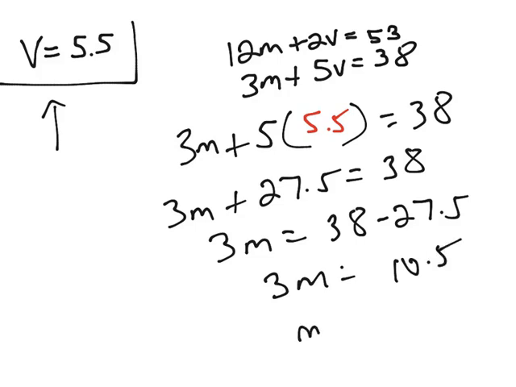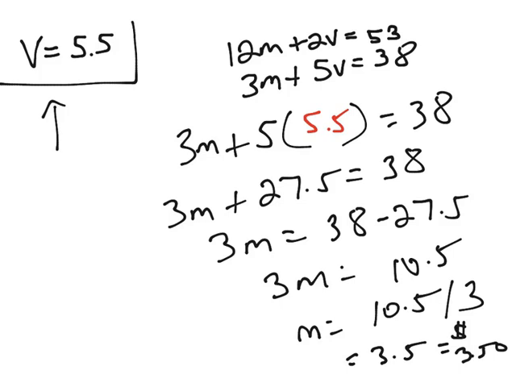So now our m is equal to 10.5 divided by 3, because we got to get the m by itself over here. And that gives us 3.5, which is equal to $3.50. So our movies are equal to $3.50. So m equals $3.50. So let's check that.